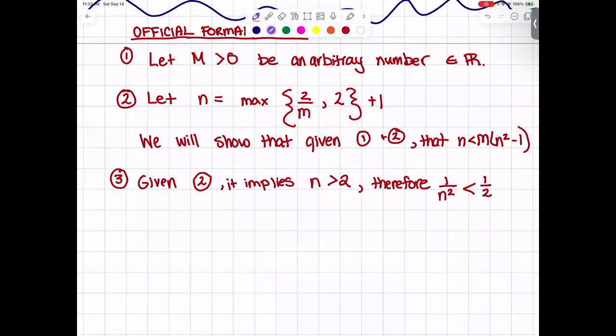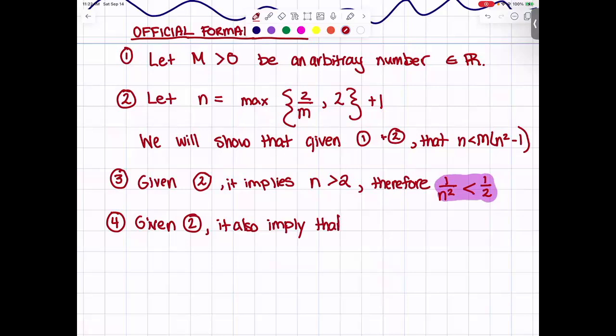So using that, we're just going to hold on to that for a second. It's nice that we've given this a number because we're probably going to want to refer back to this piece of information later. Let's do the next one here. We can also say that our definition of n, because don't forget, it's that max function, so given 2, it will also imply that n is greater than 2 over m.